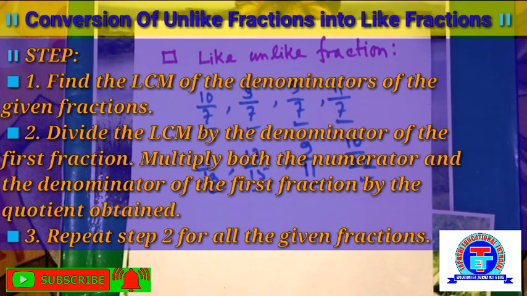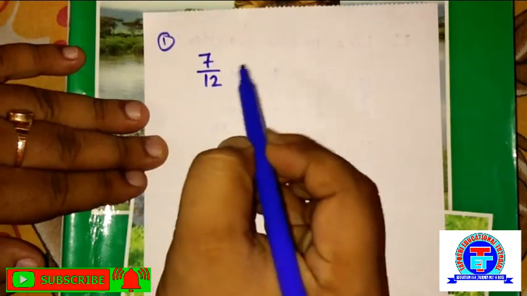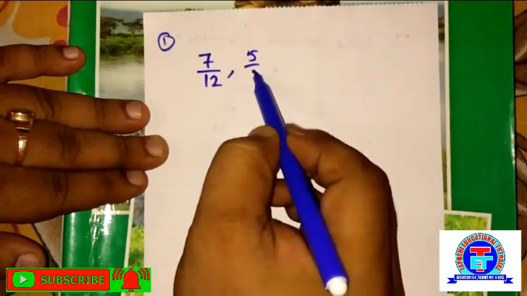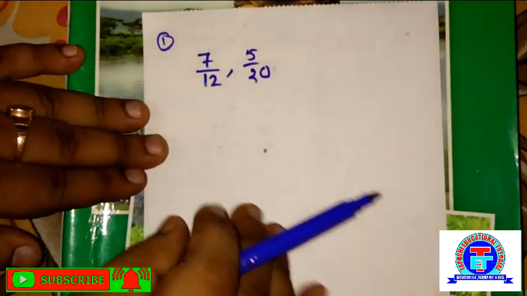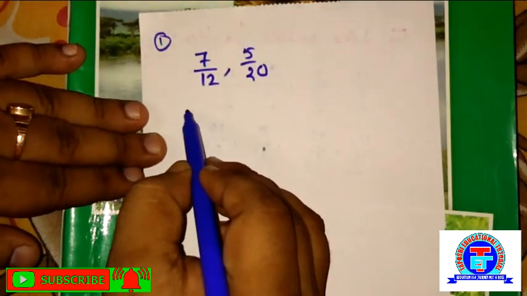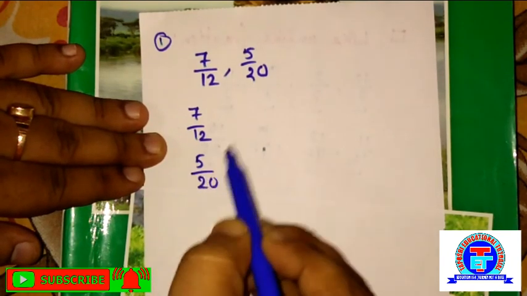Right, student? So let's learn in a better way by the given example. Okay, dear student, by the given example we understand the conversion of unlike fractions to like fractions. Here given 7 by 12 and 5 by 20. So these two are unlike fractions, right? Now how to convert them? First we write it this way, 5 by 20.